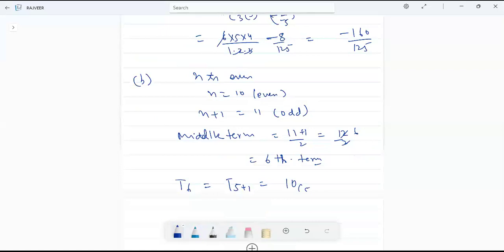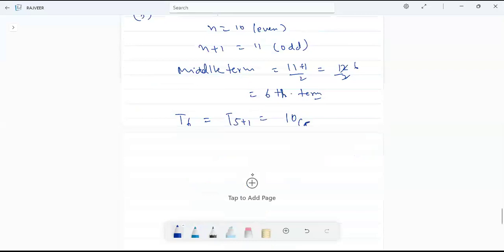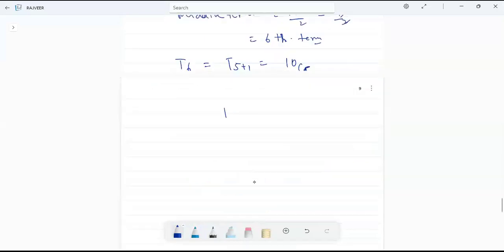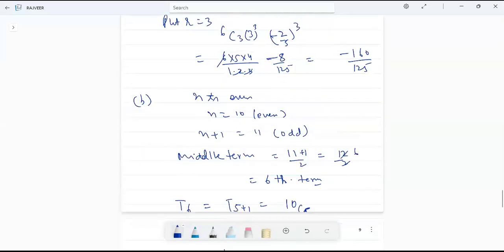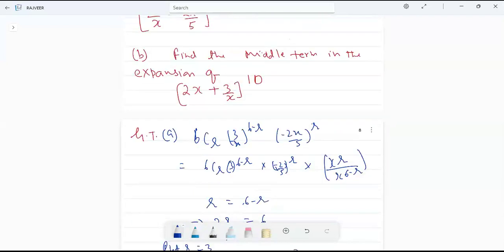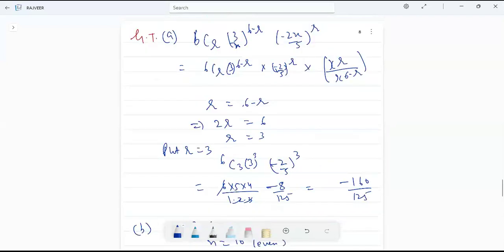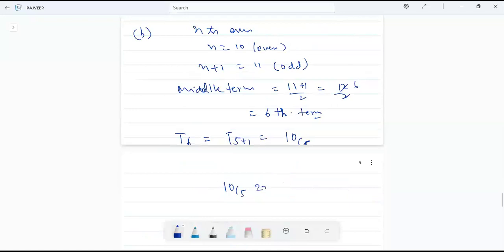Just a minute, let me write it over here. It is 10C5 into the first term, 2x, so 2x to the power n minus r, that is 10 minus 5 is 5, and 3 over x to the power 5. This will be the middle term.